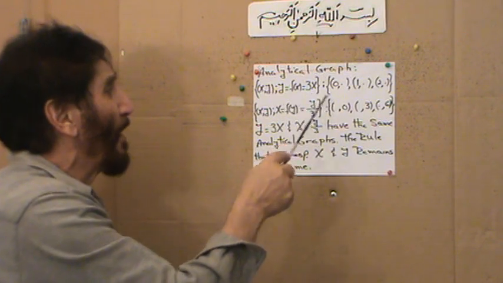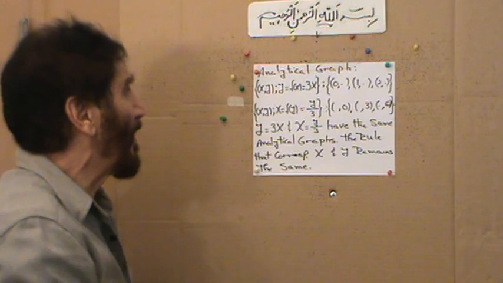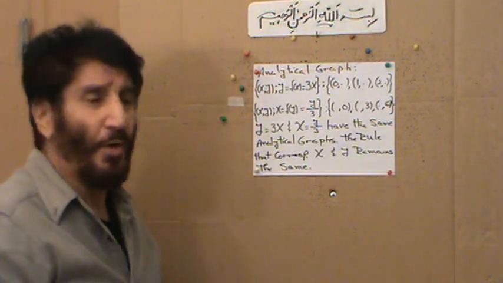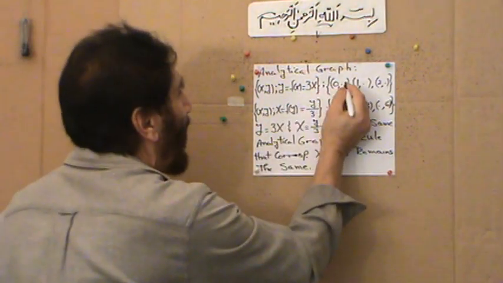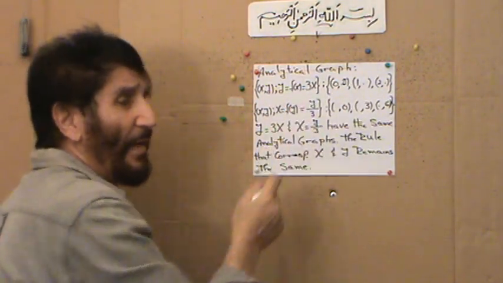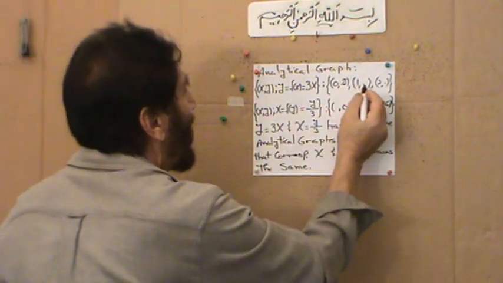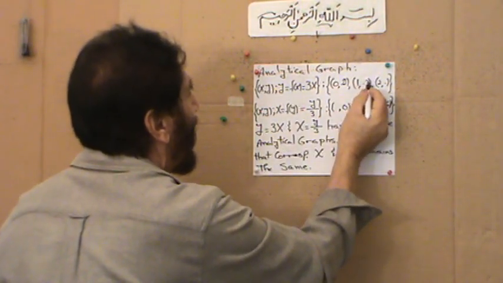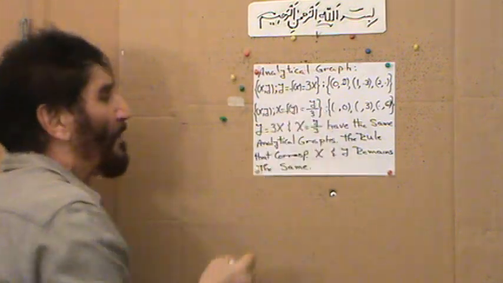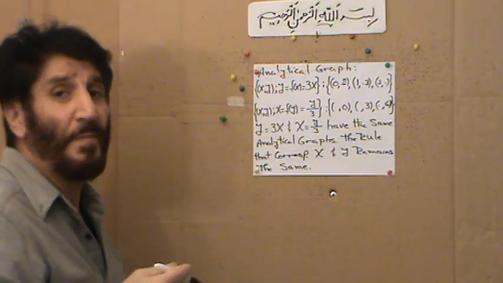Now in the analytical graph of that, when x is 0, y is 0. Is that right? So when x is 1, when we assume the value 1 for x, then y will be 3. Is that right? And when x assumes the value of 2, y will be 6.